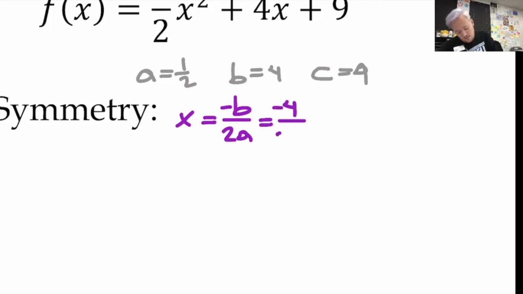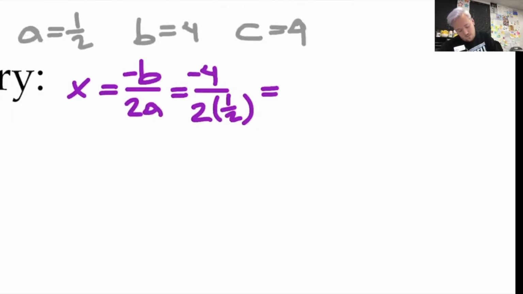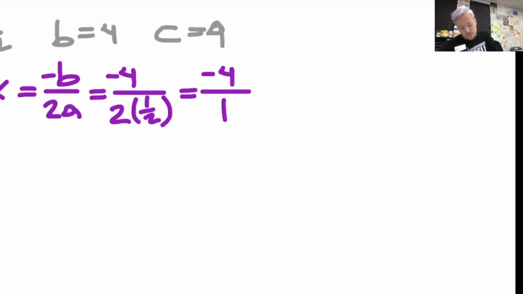Then 2 times my A value, which is 1/2. All right, so in the numerator, I'm gonna leave that -4. Now in the denominator, we have 2 times 1/2. Half of 2 is 1. So when I simplify, we just have -4. So we are going to have an AOS value of -4.